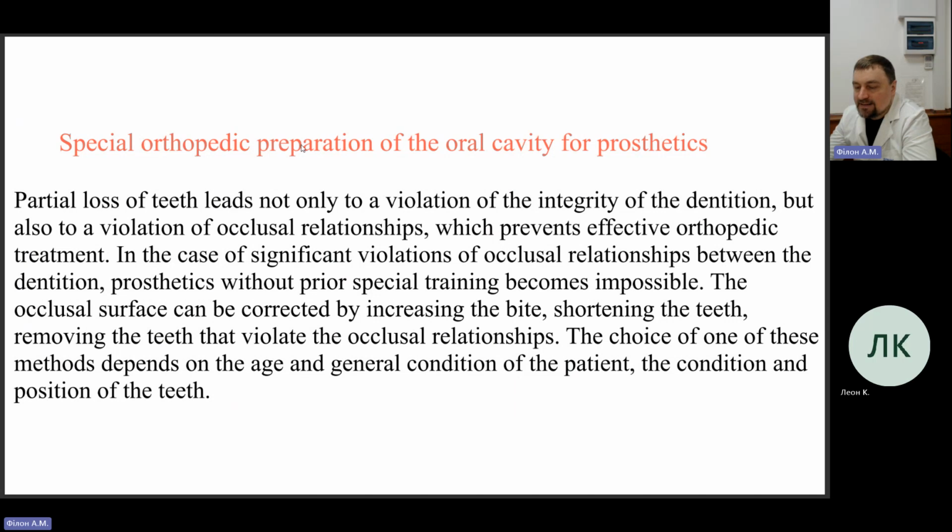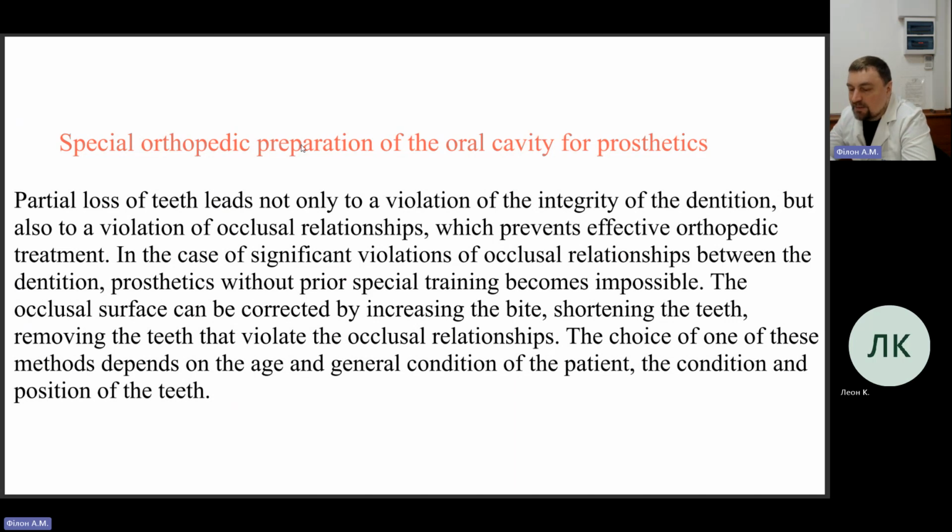Special loss of the teeth leads not only to a violation of the integrity of the dentition, but also to a violation of occlusal relationships, which prevents effective orthopedic treatment. In the case of significant violation of occlusal relationships between the dentition, prosthetics without special training becomes impossible.